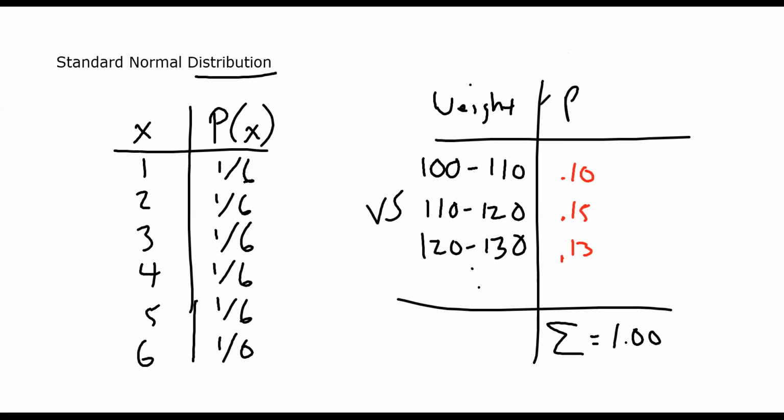So what does this have to do with the standard normal distribution? Well, when you calculate probabilities of values that fall within a range of values and can be measured with unlimited accuracy because of decimals, as opposed to over here, where there are no decimals when you roll a die.